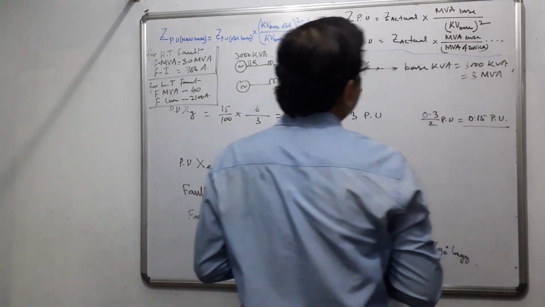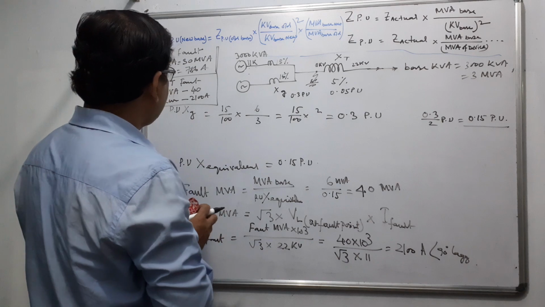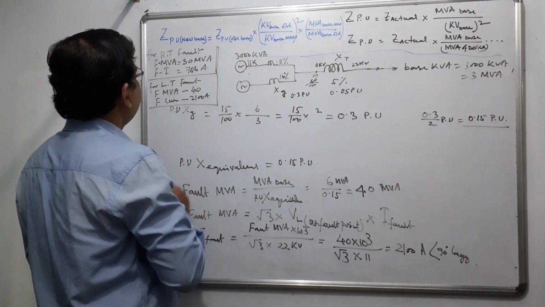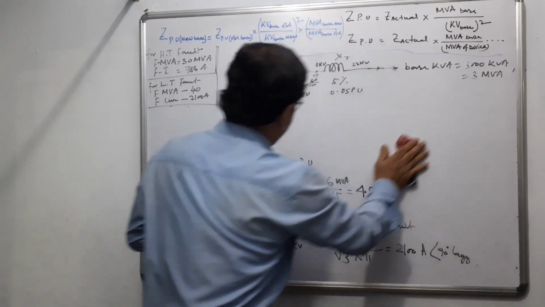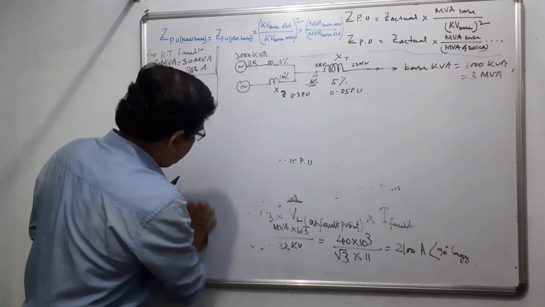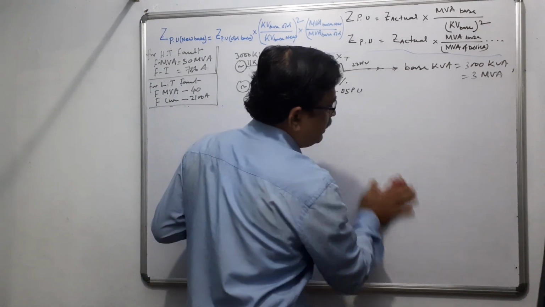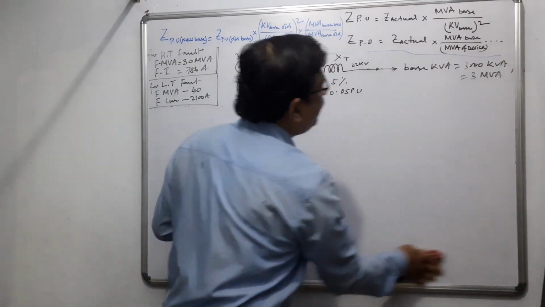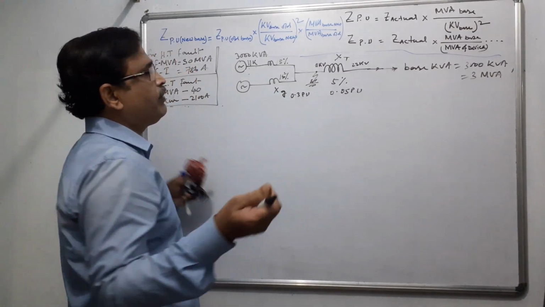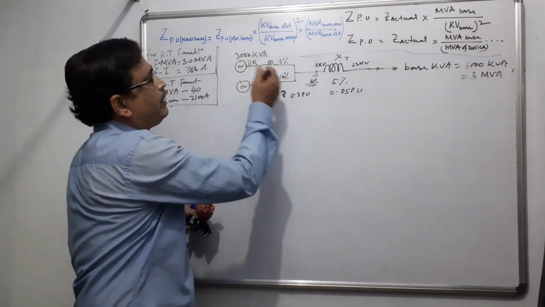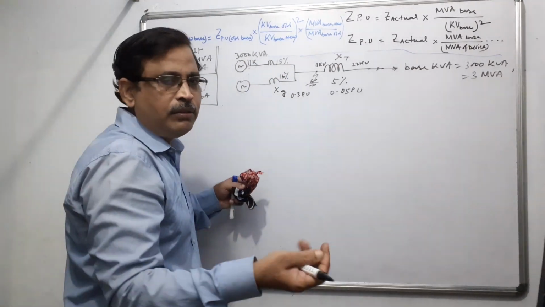If it is 3, then everything will change, and we will see the values. The per unit values will change, obviously. If the base is changed, the per unit values will change, but the fault current and fault MVA values will remain the same, whatever base you select. You can even select any arbitrary value. Suppose 10,000 kVA, no problem.